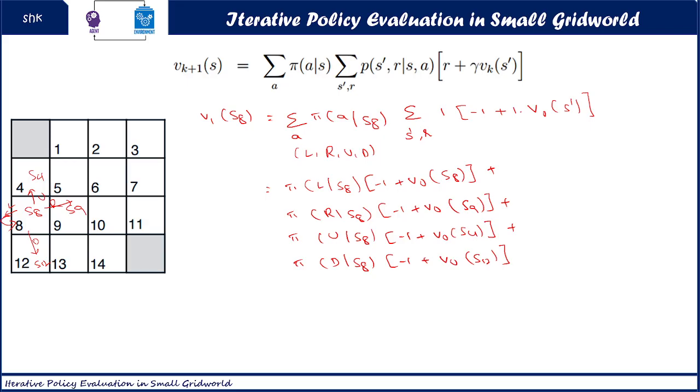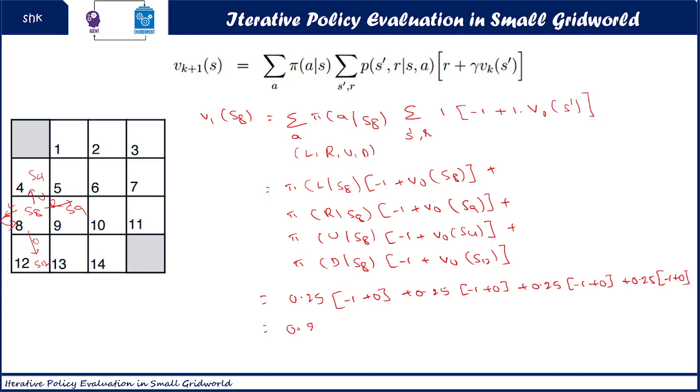As V naught of all the states is equivalent to 0 and the probability is 0.25 for all the actions, this equation is reduced to 0.25 into -1 plus 0, plus 0.25 into -1 plus 0, plus 0.25 into -1 plus 0, plus 0.25 into -1 plus 0.